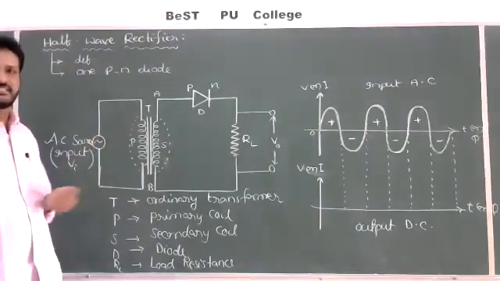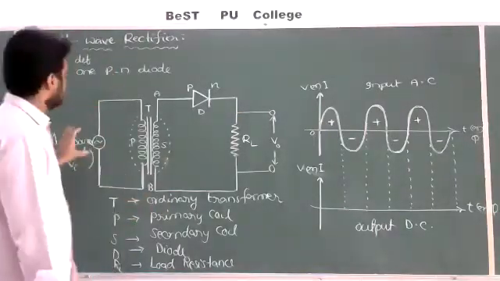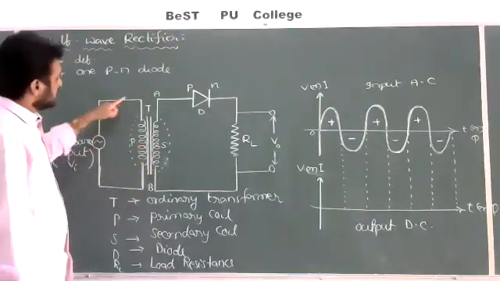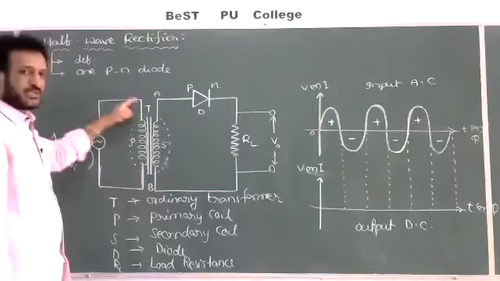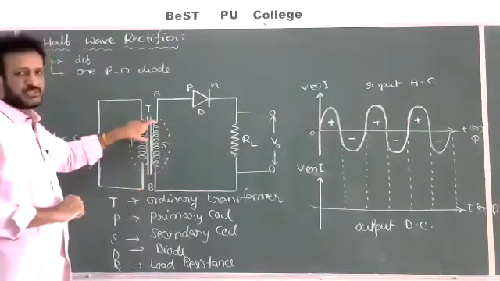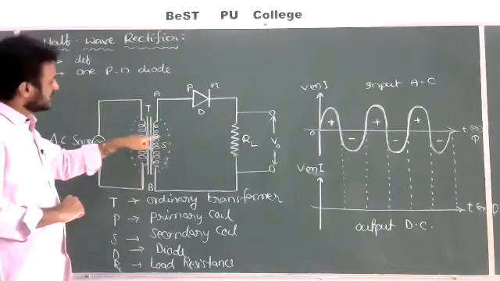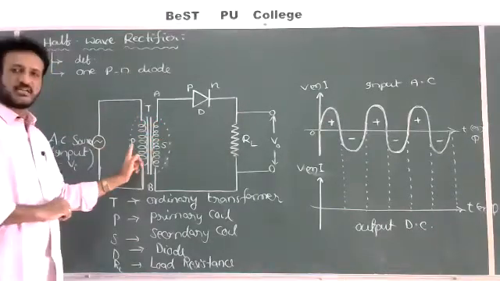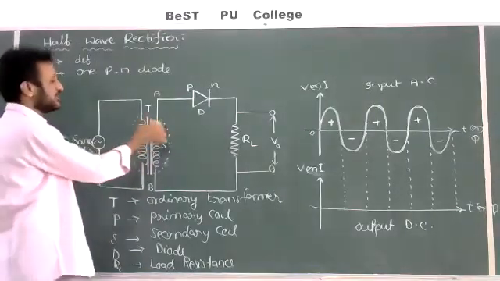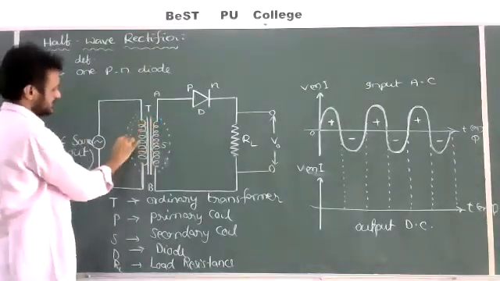Whenever the AC source is switched on, the alternating current will be supplied to the primary coil of the transformer. Whenever current is passing through the primary coil, a magnetic field is established around the coil. As the secondary coil is closely linked or coupled to the primary coil, this magnetic field will also be linked to the secondary coil like this.